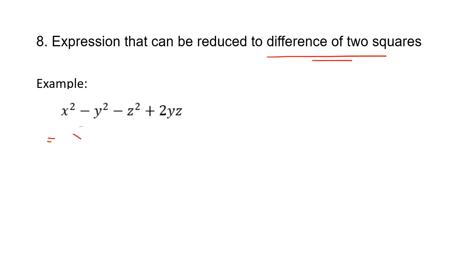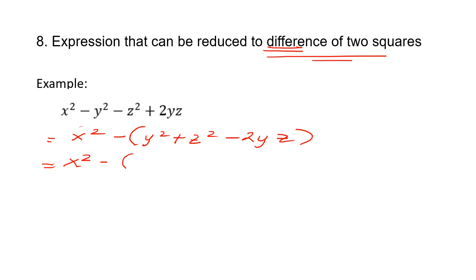So maybe we could do x squared and then I will factor out the negative sign. So we have y squared plus z squared minus 2yz. And then after that, I will try to rearrange what's inside the parenthesis. You have x squared minus the quantity, because we will need to put it in difference of two squares, y squared minus 2yz plus z squared.